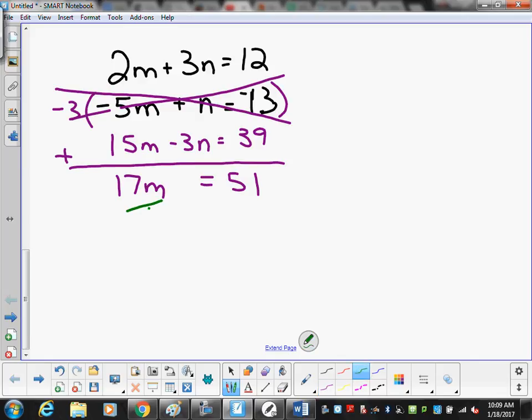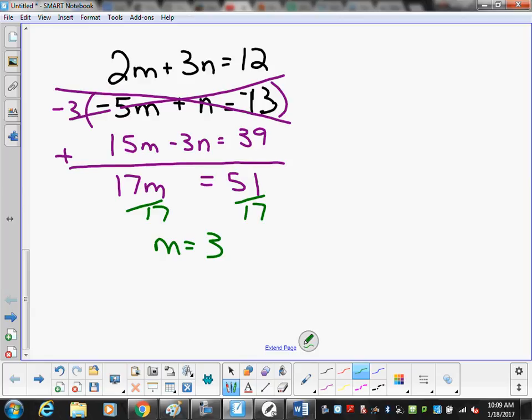Okay. Last step. Divide by 17, you get m equals 3. 51 divided by 17 is 3. Alright. So once you get that, you need to plug something back in. Now I need to solve for n.